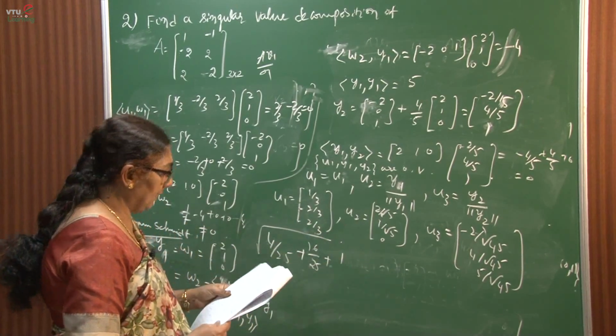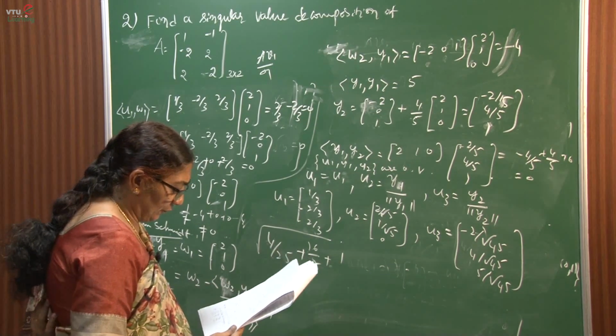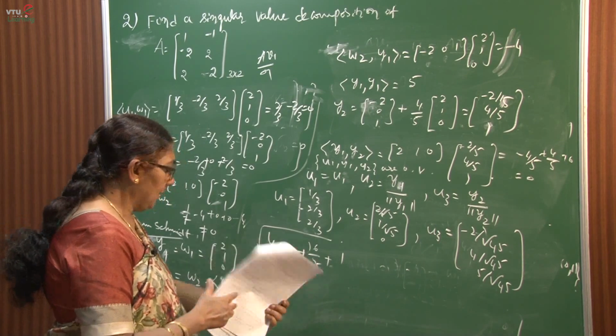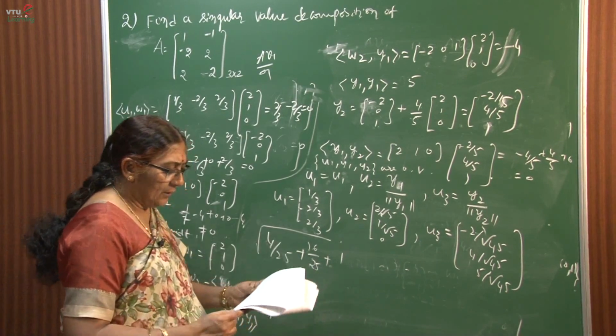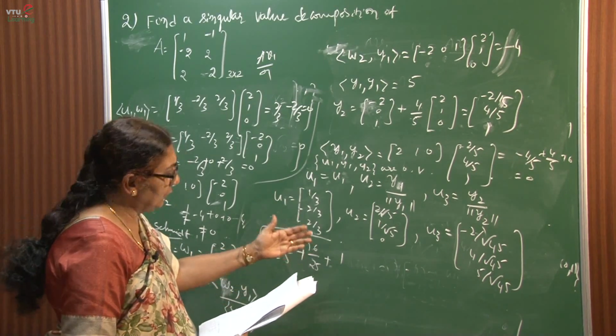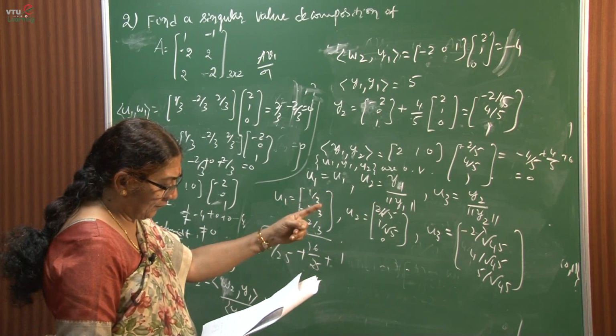What is minus 2 by root of 45, 4 by root of 45? Because we have to find out the norm of V1, V2 and V3. Please try to understand that. Try to find out this value. You know V3 is minus 2 by 5, 4 by 5 and 1.